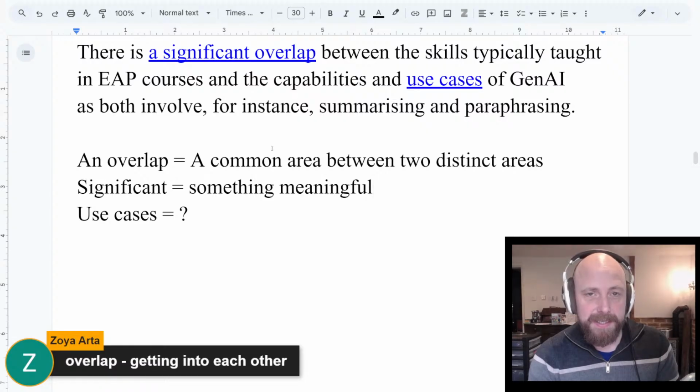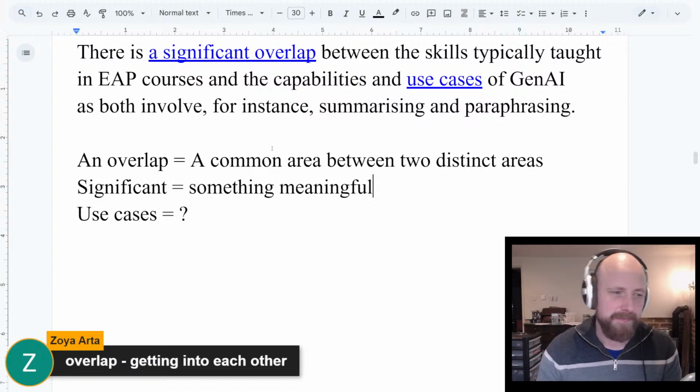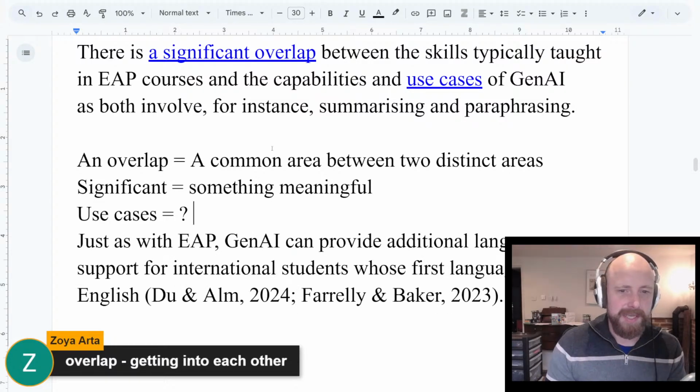So if something is insignificant, it means it's not meaningful. It doesn't really mean anything. But if it's significant, it means it's something meaningful. So this is actually the same thing as saying a meaningful overlap. Now, what about use cases?